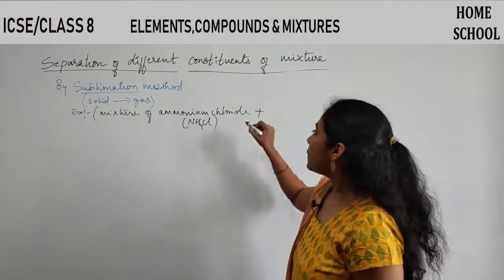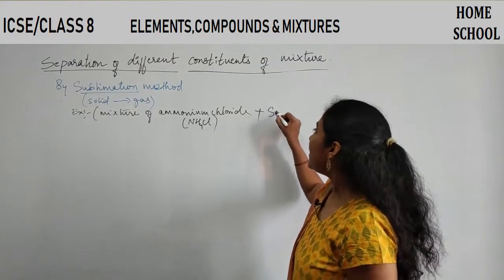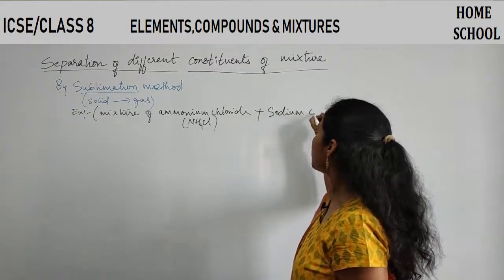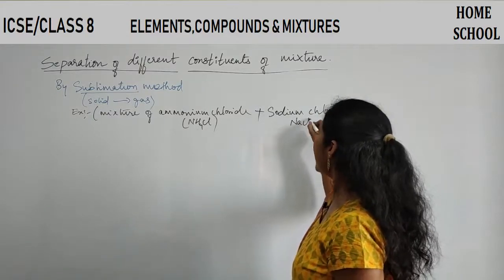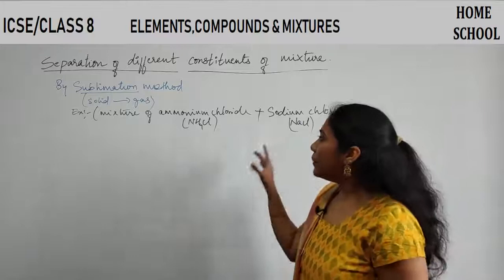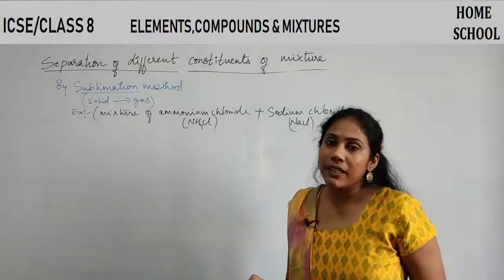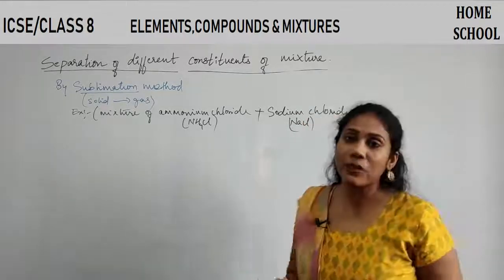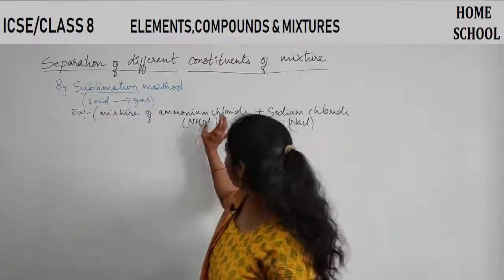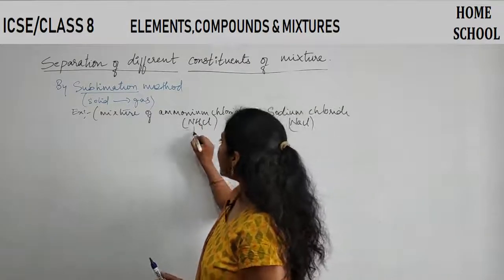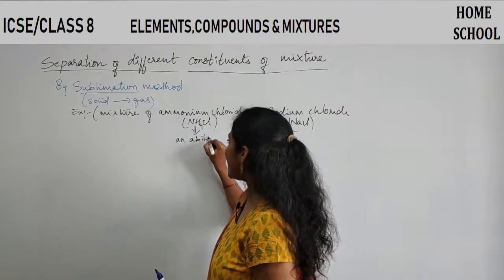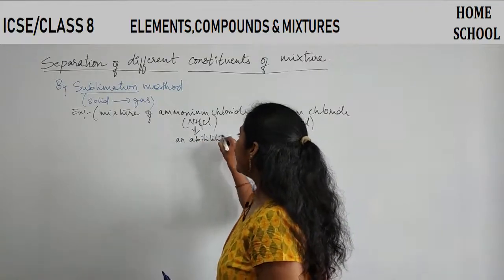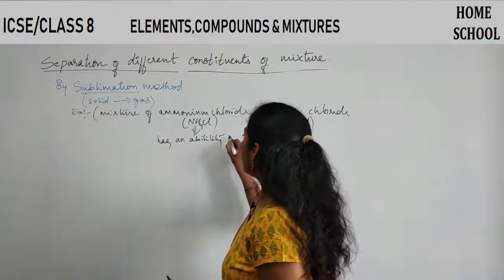So this ammonium chloride is mixed with sodium chloride. What is its formula? NaCl. Okay. See, ammonium chloride has a different property compared to sodium chloride. You know what is the special property of ammonium chloride? This guy has an ability to sublime.